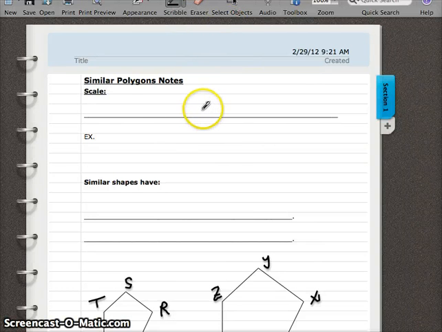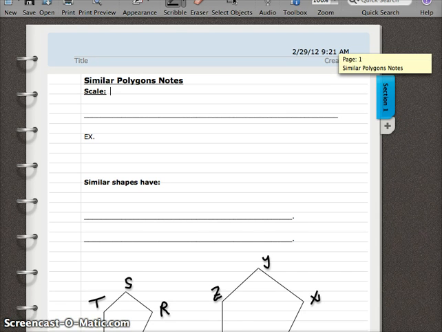In this video, we're going to be using proportions to compare similar shapes, any-sided shapes, polygons. First thing we need to think about is scale. What is scale? Scale is how we compare a size change of something.